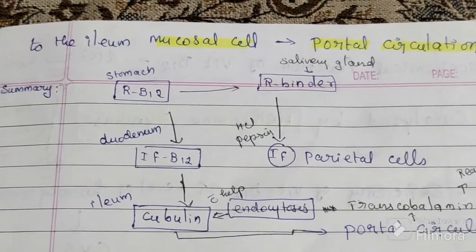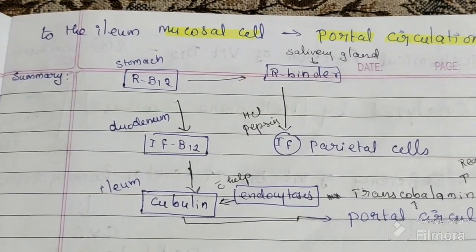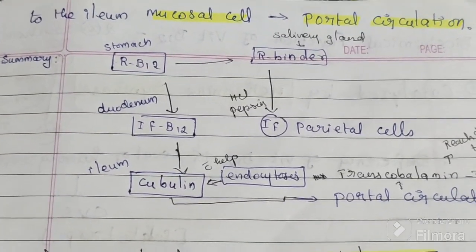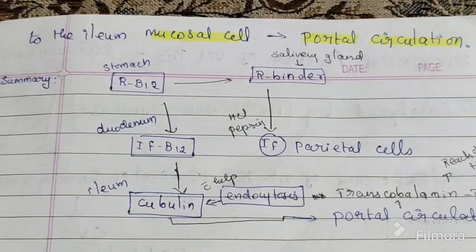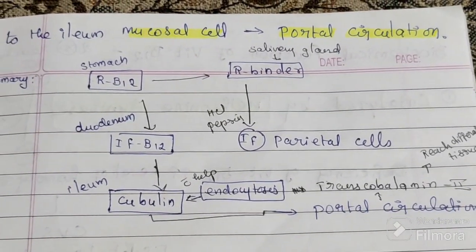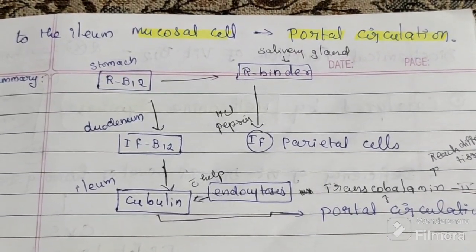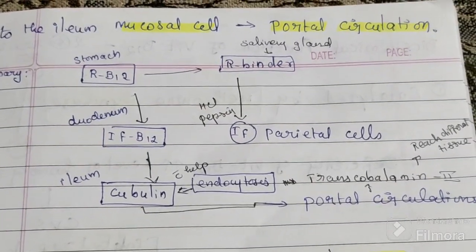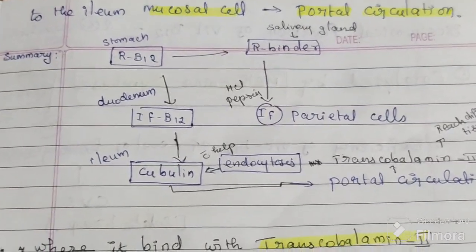In the ileum, the intrinsic factor attaches to the cobalamin receptor, and by endocytosis it is absorbed into the ileal mucosal cell and then the portal circulation, where it binds with transcobalamin 2 and reaches the different tissues.